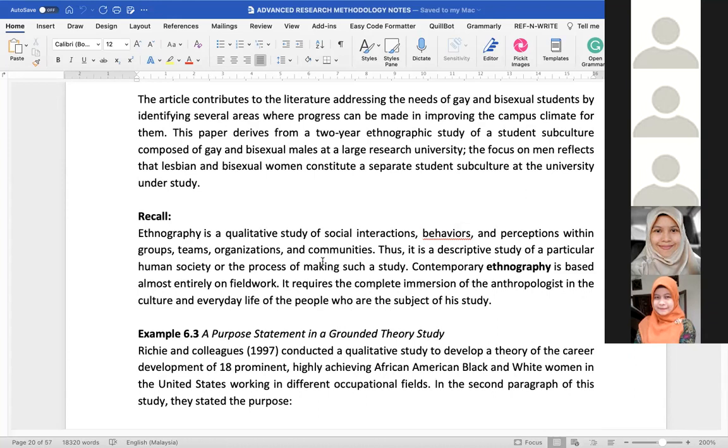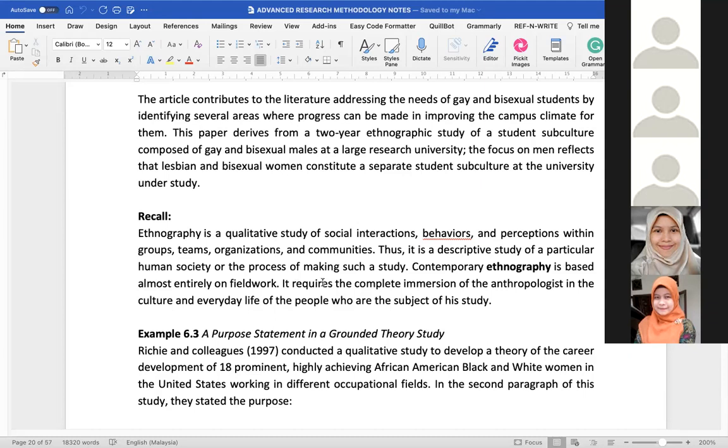Contemporary ethnography is based almost entirely on fieldwork. So ethnography relies mostly on fieldwork, where the researcher will go to the specified location to study specific groups, teams, or organizations.